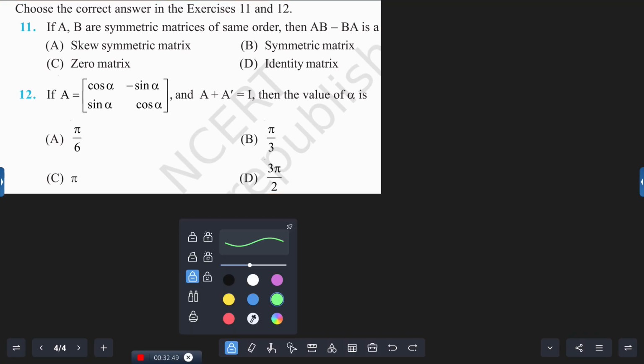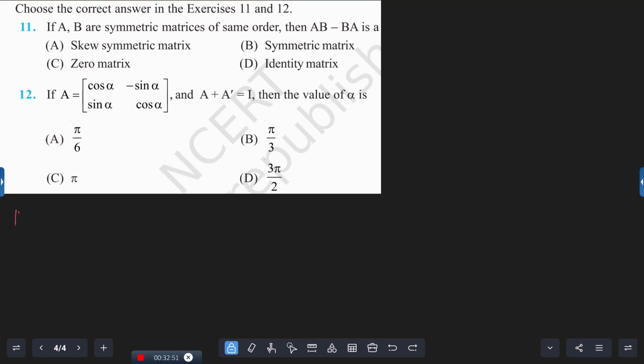Okay, children, listen. Question number 11. Choose the correct answer in exercise 11 and 12. If matrices A and B are symmetric matrices of the same order. They said A and B are symmetric.